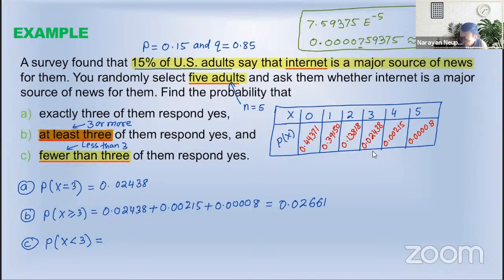The probability that X is equal to 0 is 0.44371. The probability that X is equal to 1 is 0.39150. And the probability that X is equal to 2 is 0.13818. Now we need to add these 3 numbers.